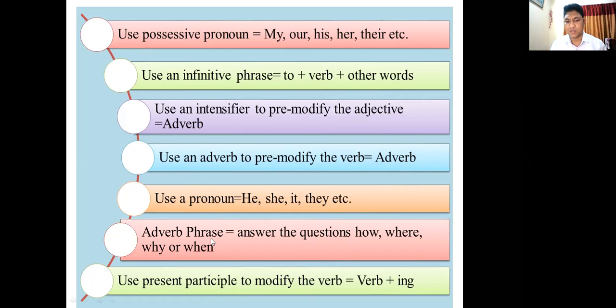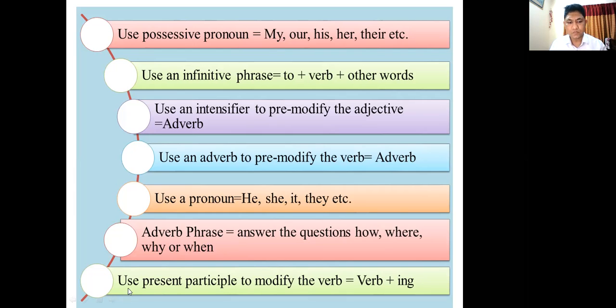Adverb phrase. You know that adverb phrases basically answer the questions how, where, why, when. Okay. If you ask the question using how, where, why or when and you get the answer, this will be adverb phrase.